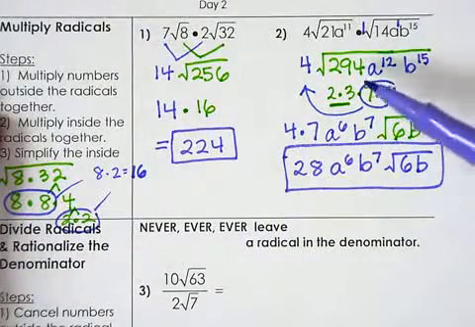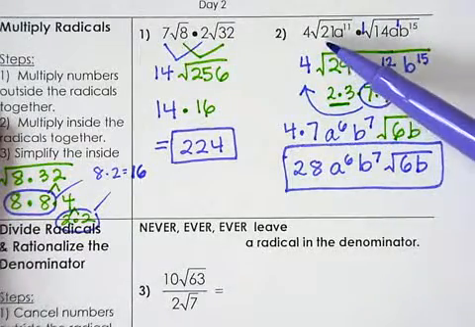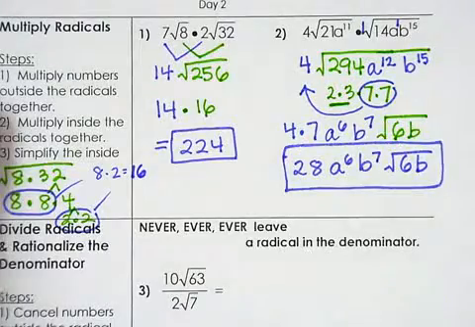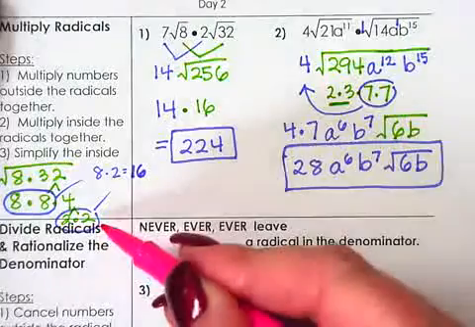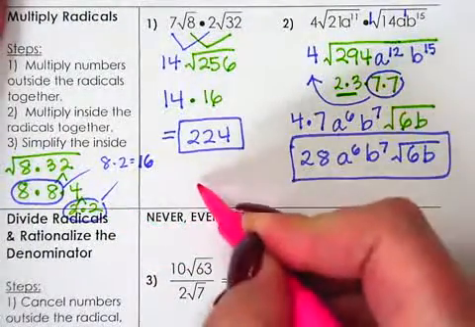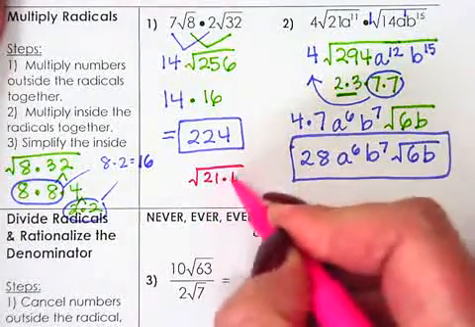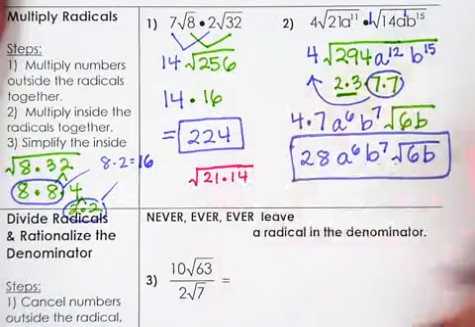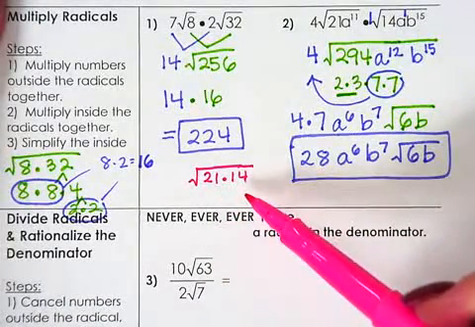Another way I could have done this, instead of getting 294 as my big number, I could have stopped at that 21 and 14. Let me just show you on the side here how I could do that. Similar to what I did over here with the 8 and the 32, I could have had the square root of 21 times 14. And what I do is I recognize that 21 and 14 have a common factor of 7.